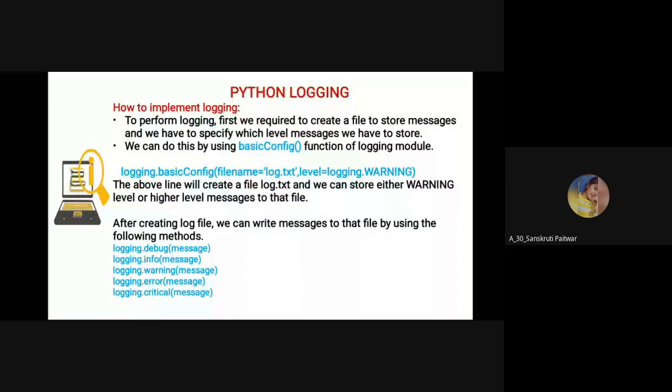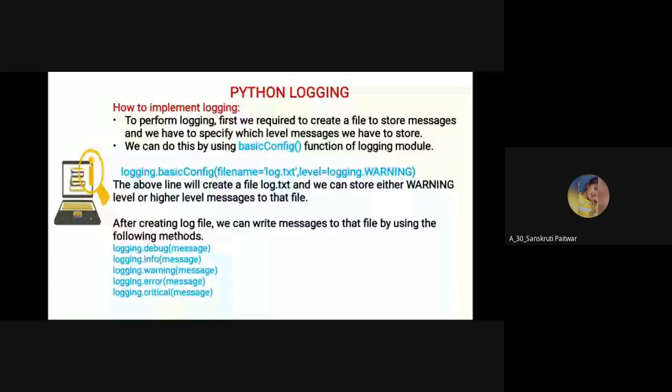So logging.debug, whatever message you want to write, then logging.info, logging.warning. So for all the levels up to critical, we have 6 methods, and you can write the specific message for all these methods depending upon your program code.